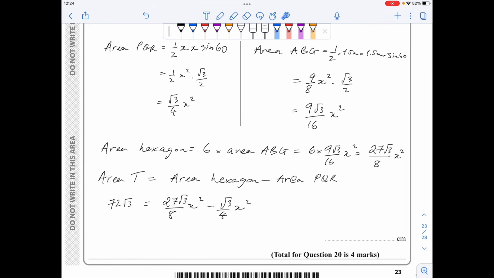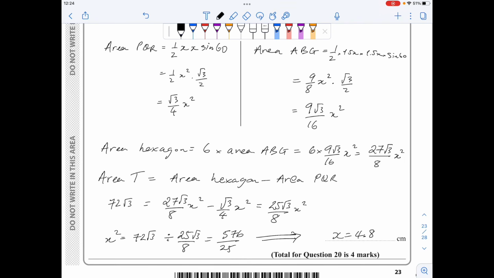Now I can simplify this, put this on the calculator without the x squared. You will get 25 square root of 3 over 8 x squared. So x squared is equal to 72 square root of 3 divided by 25 square root of 3 over 8. This will give me 576 over 25. Hence, if I take the square roots, x will come out to be 4.8 centimeters.